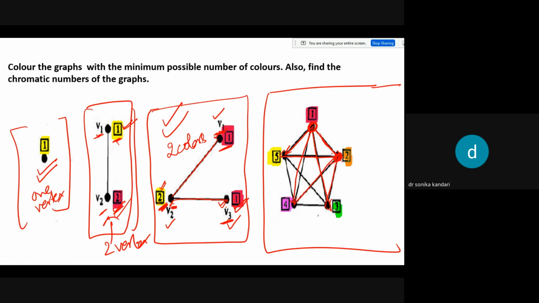Because this is a complete graph and every node is connected to every other node. So how many vertices are there? 1, 2, 3, 4, 5. So we are requiring 5 colors. So chromatic number is 5. Clear, class?